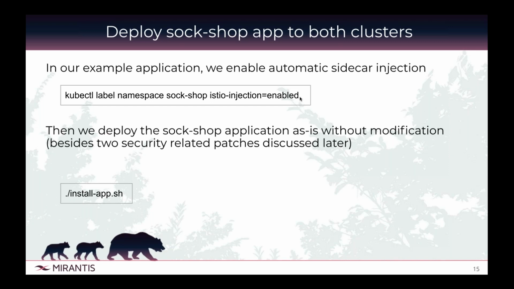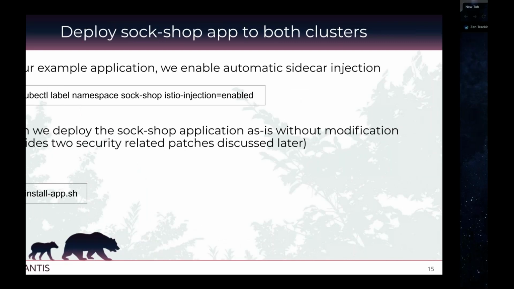So what that means is that we're taking these stock deployment YAML files from the SockShop reference app, and we're not doing anything except 2 security changes that we had to make. Those were two small modifications that we'll discuss later towards the end of the demo. But other than that, there were no modifications done to SockShop, and we're basically installing it from scratch into Istio with injection enabled.